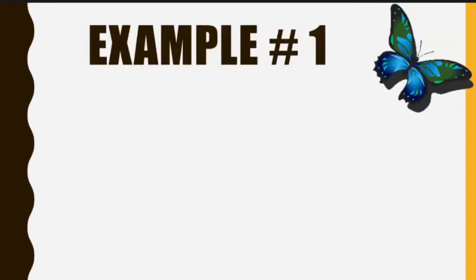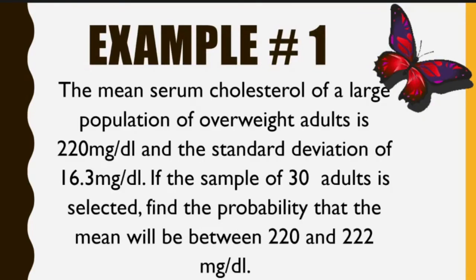So this will be our first example. The mean serum cholesterol of a large population of overweight adults is 220 mg per deciliter, and the standard deviation is 16.3 mg per deciliter. If a sample of 30 adults is selected, find the probability that the mean will be between 220 and 222 mg per deciliter. So let's solve for this one.